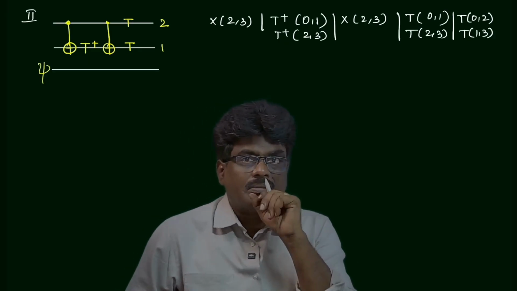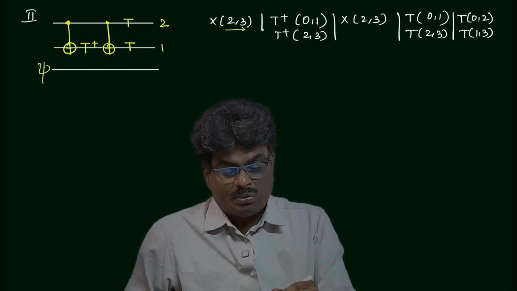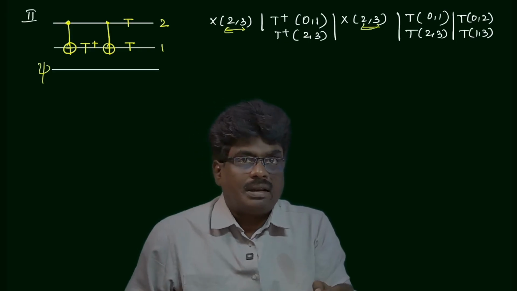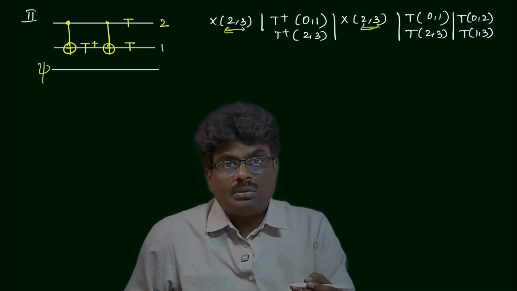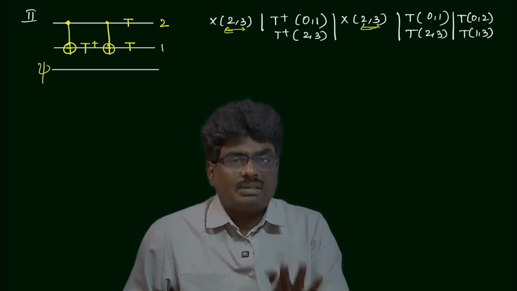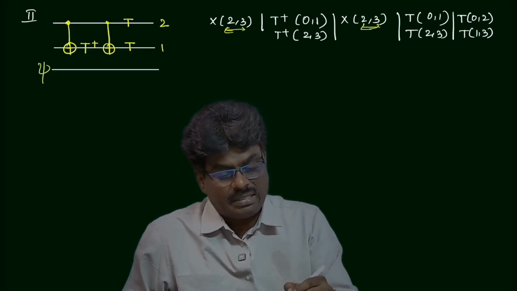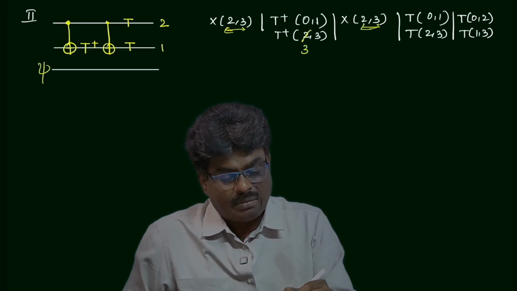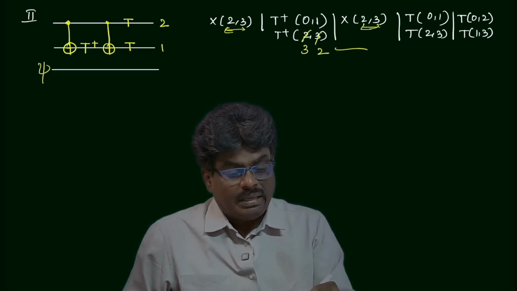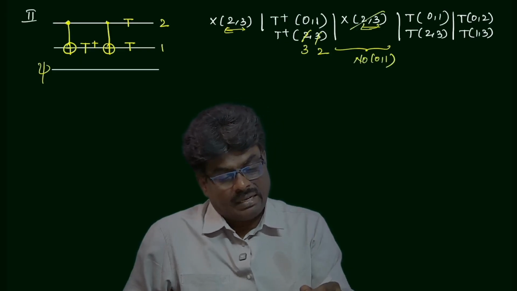Now please apply the technique whatever we have used earlier. So this is 2 3, 2 3 interchange, but right side and left side is there, so that's why R2 R3 will interchange, C2 C3 will interchange. That's why here 2 will become 3, 3 will become 2. Next, here there is no 0 comma 1, so that's already gone.